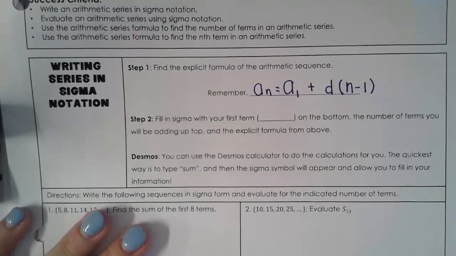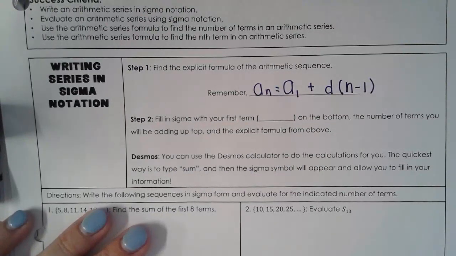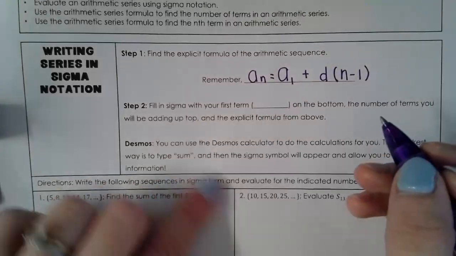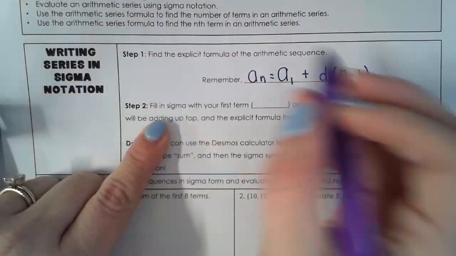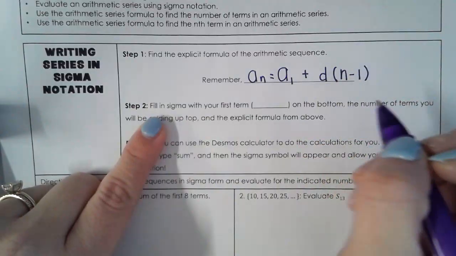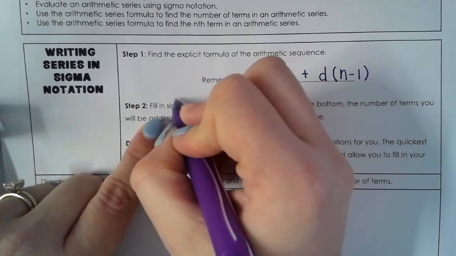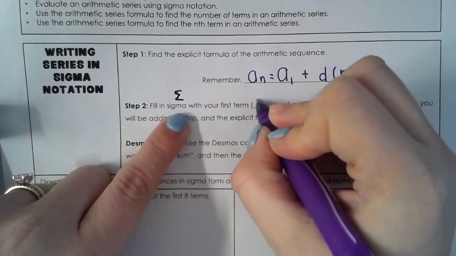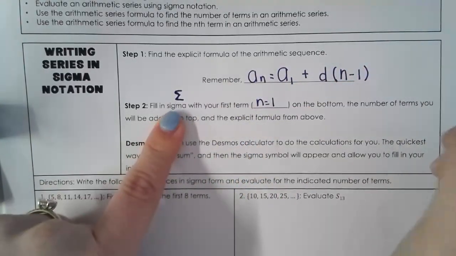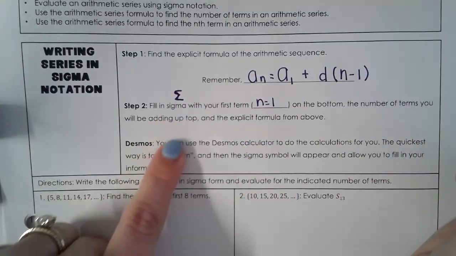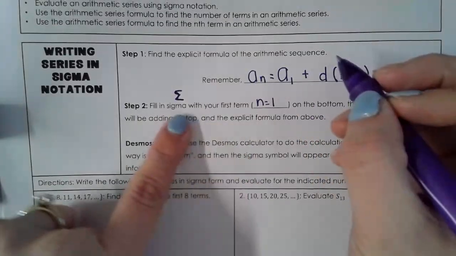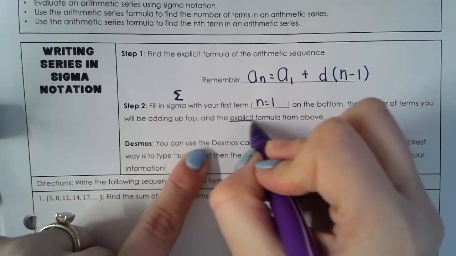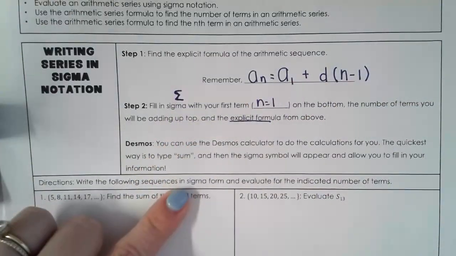We tag that along with sigma if we want to find the sum of multiple terms. So if you're asked to find the sum, you're going to use sigma. On the bottom of sigma, you're going to put n equals 1 because we're starting with our first term. And then however many terms we're adding, that's going to go on top. And then the explicit formula goes out to the side.